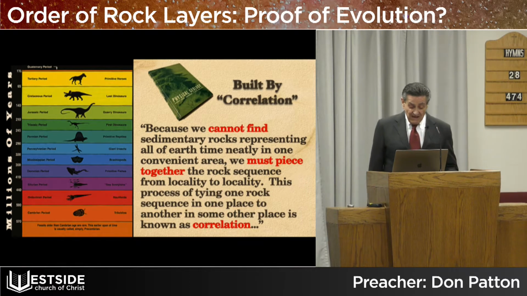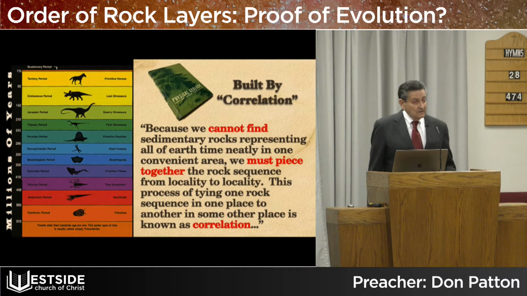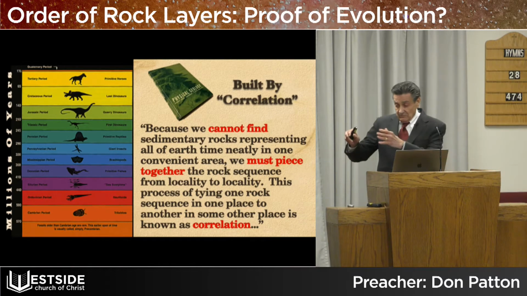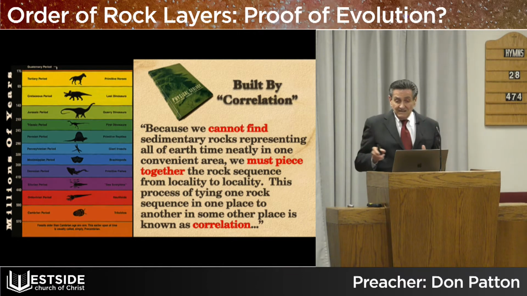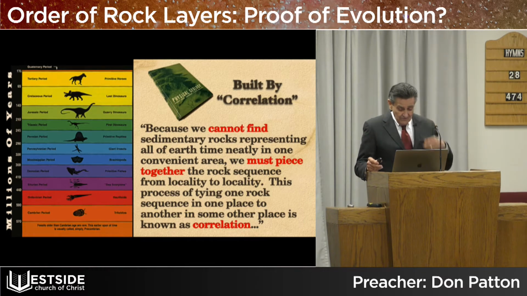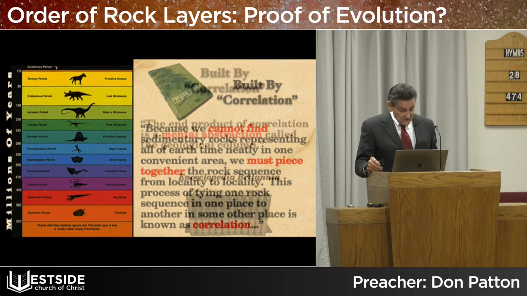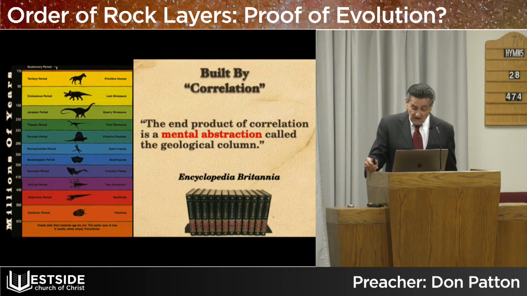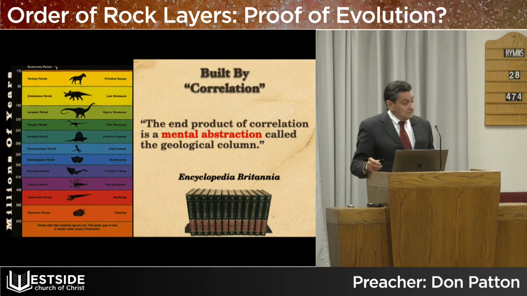This process of tying one rock sequence in one place to another in some other place is known as correlation. So it is correlated. We get some from here and some from there, maybe from China, from Canada, and then piece it together, and that's how you get the column, not by just digging down anywhere on the face of the earth. So this is a construct. As we read in the Encyclopedia Britannica, the end product of correlation is a mental abstraction called the geologic column.